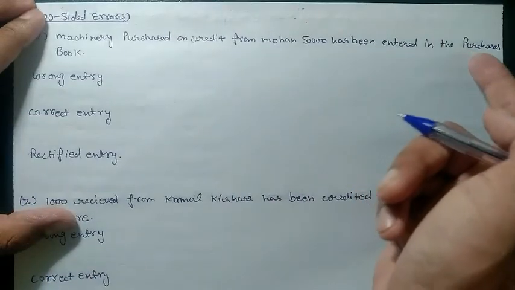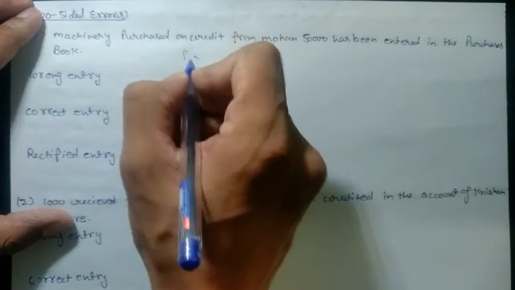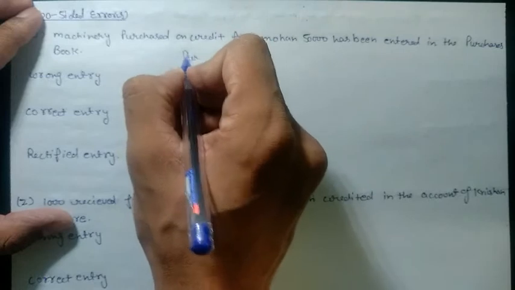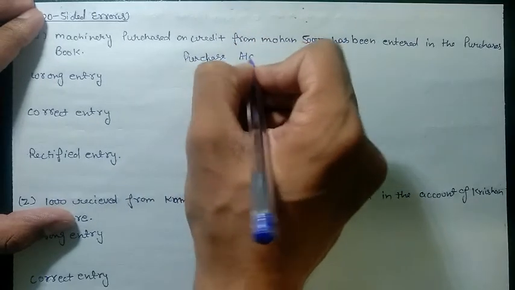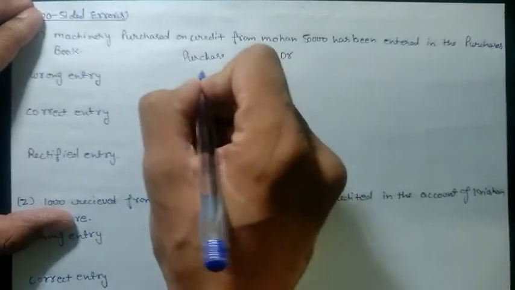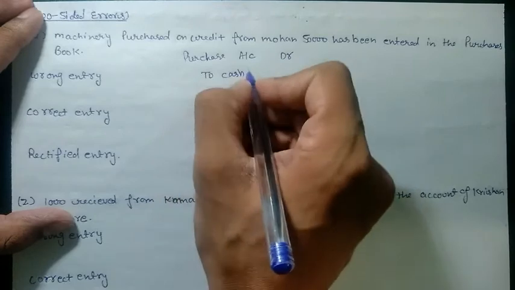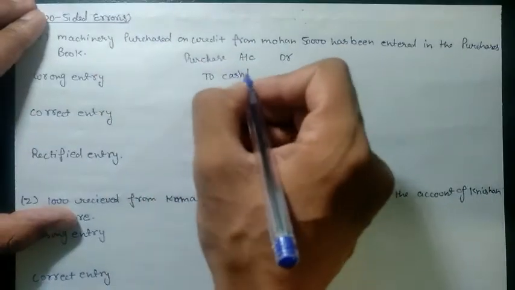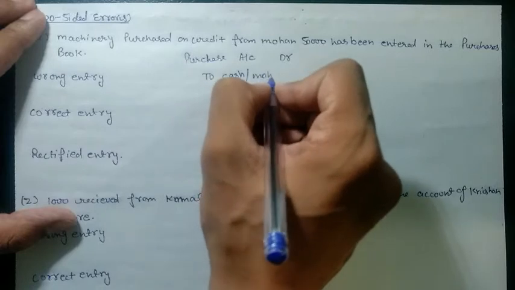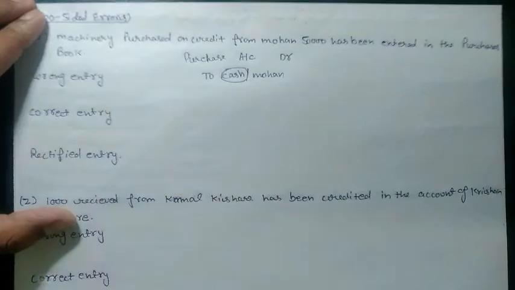The wrong entry we entered through the purchase book. So the wrong entry will be purchase account debit to cash, or what, they have not mentioned anything, so we will take Mohan instead of cash. Cash we take only in case of a cash transaction.